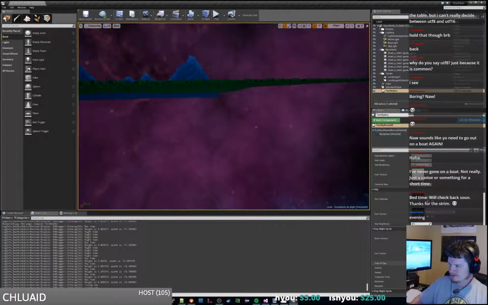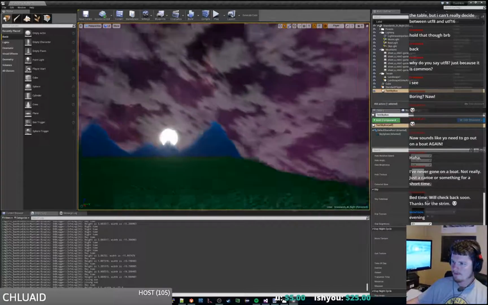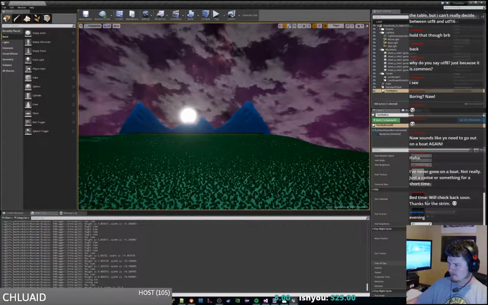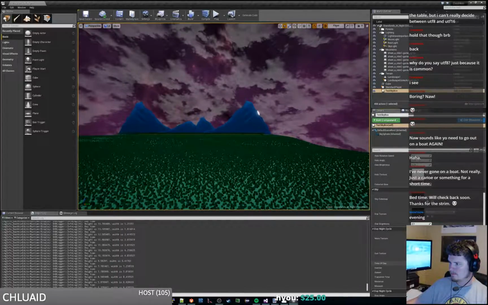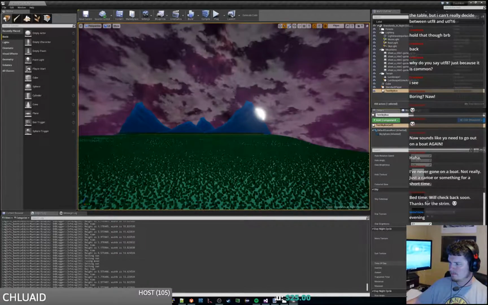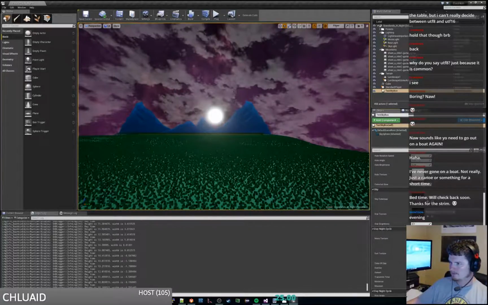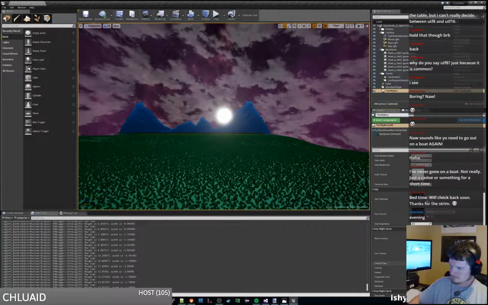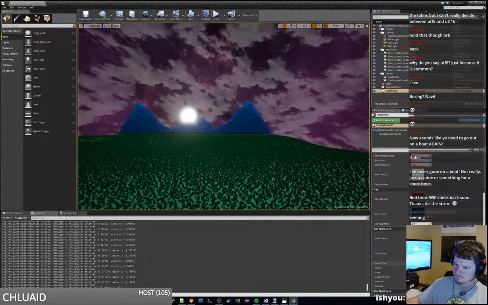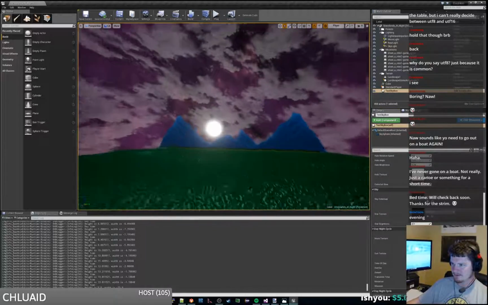So it goes from 6.5 to 17.5. The width is negative 15.